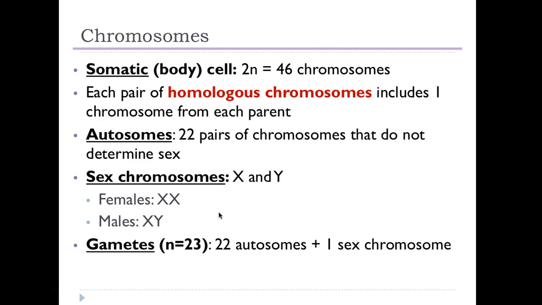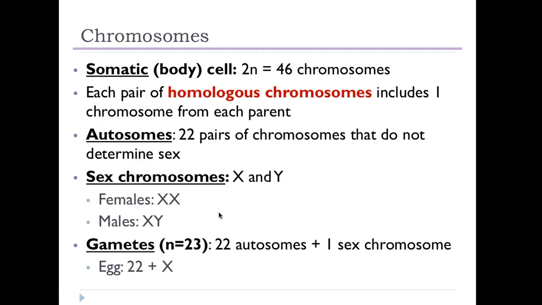The female sex chromosomes in humans are XX. The male sex chromosomes are the X chromosome and the Y chromosome. So if we look at gametes themselves, n equals 23, which includes 22 autosomes plus one sex chromosome.